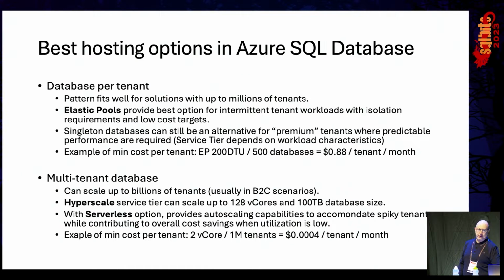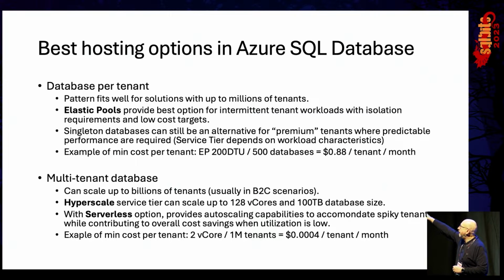So in Azure SQL Database, as I was saying, we typically see two best options for hosting those two different database design patterns, right? So for this database per tenant approach, we have the elastic pools capabilities in Azure SQL DB that are, again, giving customers the ability to define the maximum amount of resources assigned to that pool, and to host a number of databases in order to dilute the cost.